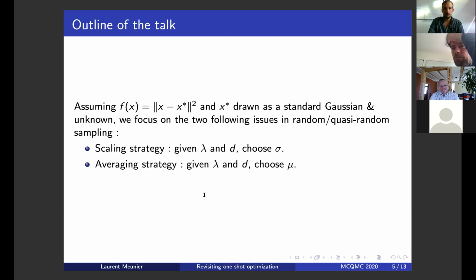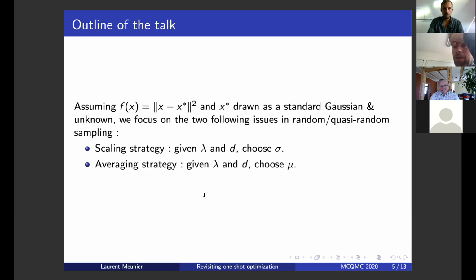So first, let's assume that we have this function f(x), which is the norm of x minus x star, and we suppose that x star is drawn from a standard Gaussian distribution. We focus on the two following issues.